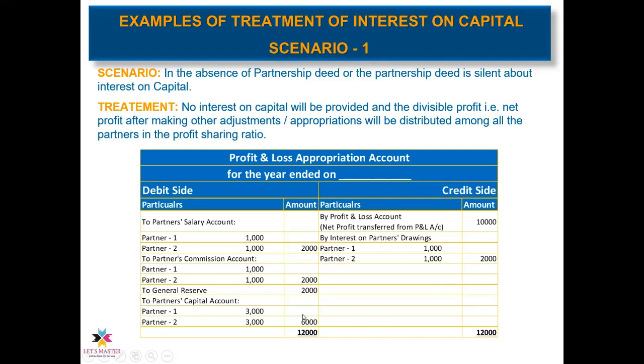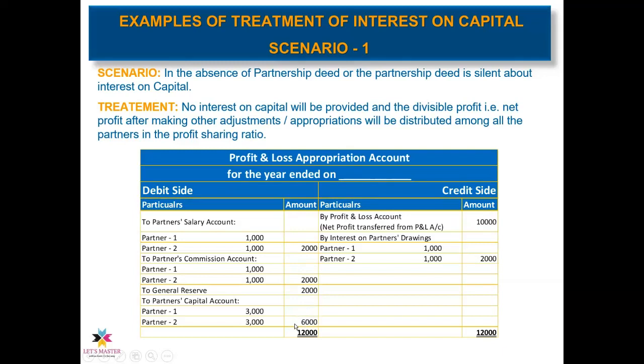Now, the balance 6,000 that is available with us for distribution as profit among the partners, this 6,000 is your divisible profit. That means the net profit disclosed by the profit and loss account was 10,000. 2,000 was added on account of interest on drawings, but 6,000 was taken out from this 12,000 for different accounts.